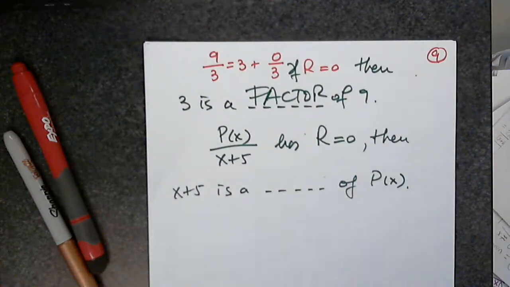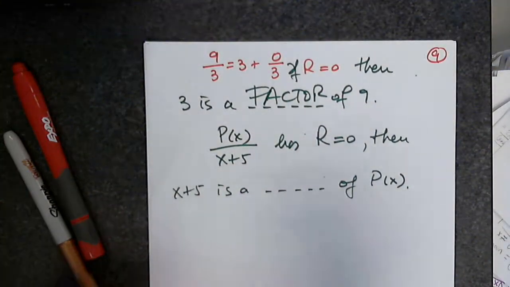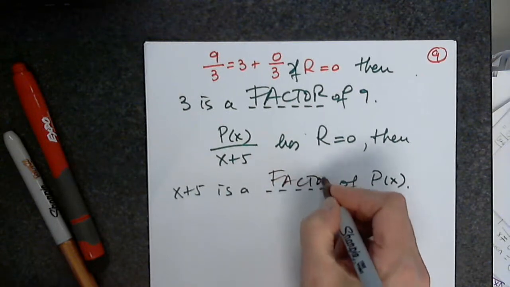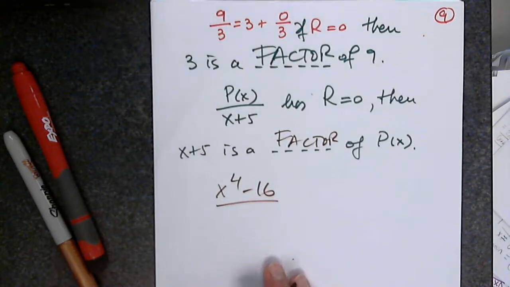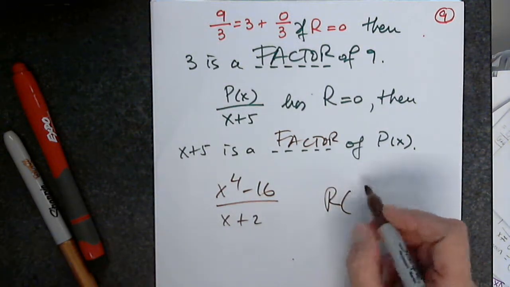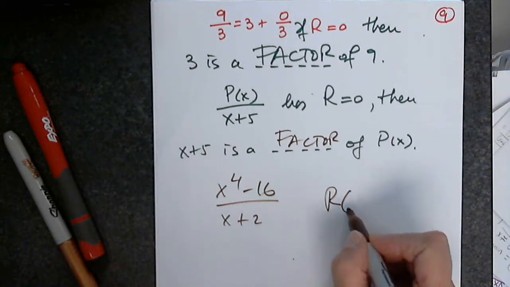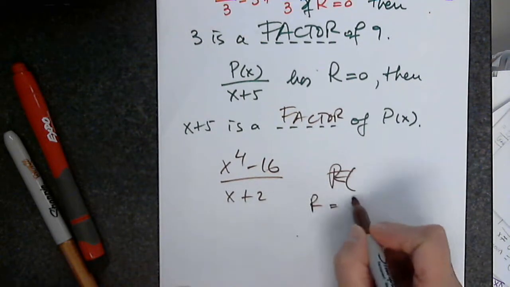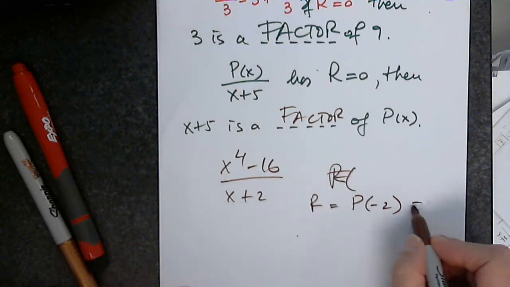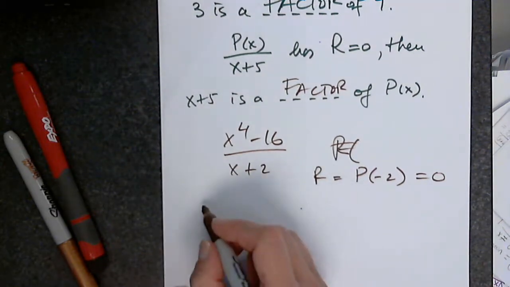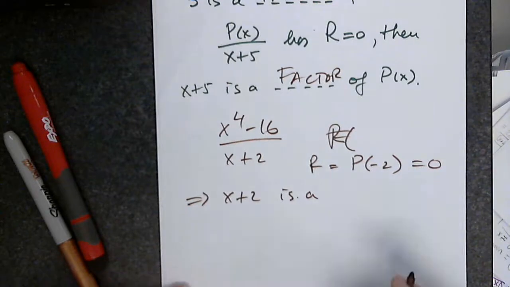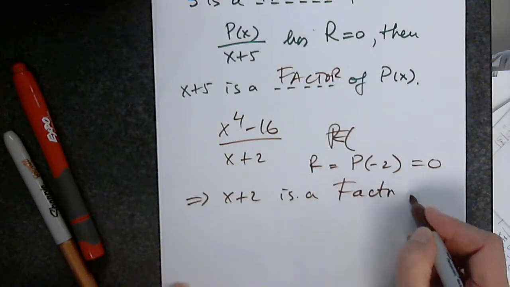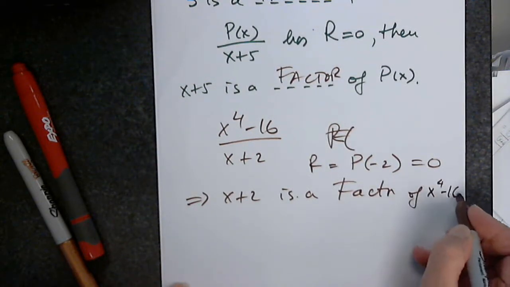Of course, it must be a factor. Exactly. So when we divided x to the 4th minus 16 by x plus 2, the remainder, which is P of negative 2, was 0. Therefore, x plus 2 is a factor of x to the 4th minus 16.